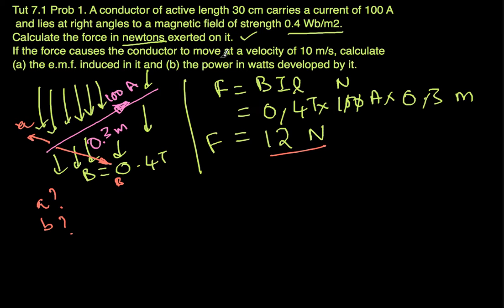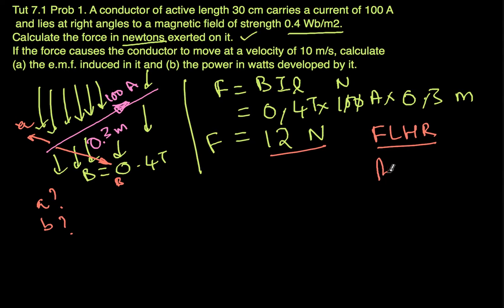Now if I want to know the direction of the force, that means the output is mechanical. So therefore this is a motor. Motor means you use Fleming's left hand rule to determine the direction of the force. So you draw the left hand.